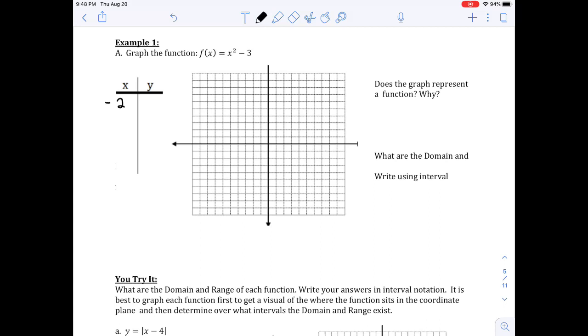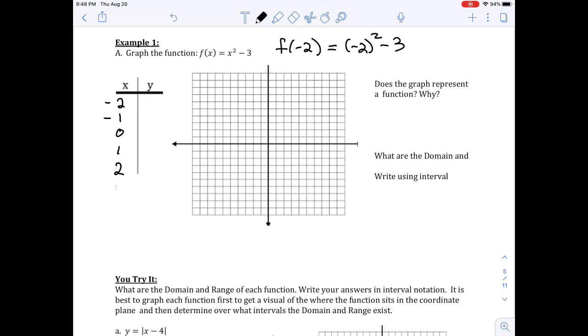So again, I'm going to choose a couple of negative values, 0, a couple of positive values. And we'll see if that's enough to get a visual of what the graph is. All right. And if not, we'll plot a few more points. So if I plug in and I do f of -2, that's going to be (-2) squared minus 3.